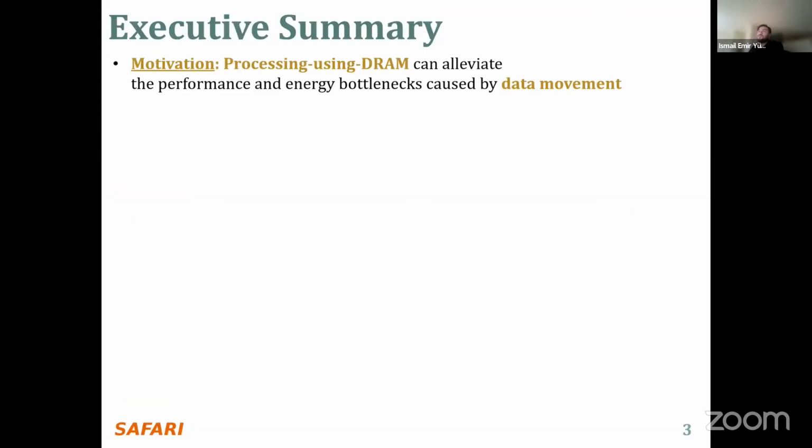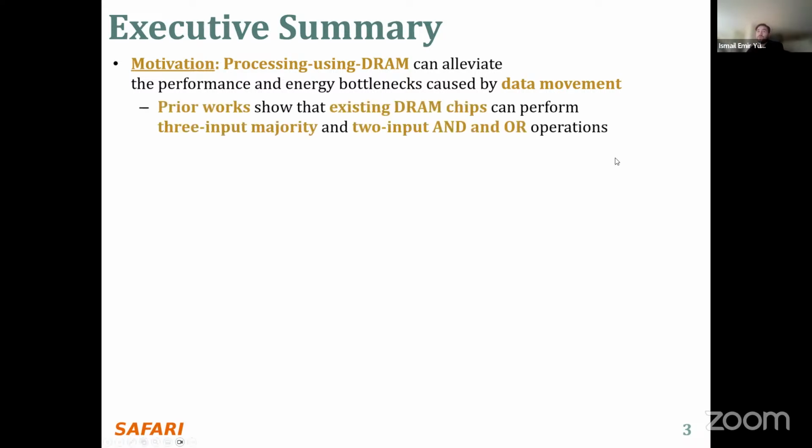Our motivation in this work is that processing using DRAM can alleviate the performance and energy bottlenecks caused by the frequent data movement between main memory and processing elements such as the CPU. Prior work showed that existing off-the-shelf DRAM chips can perform 3-input majority and 2-input AND and OR operations without any modification to DRAM.